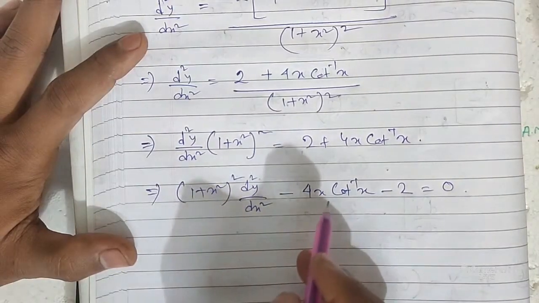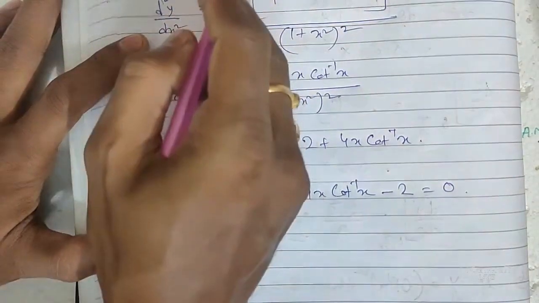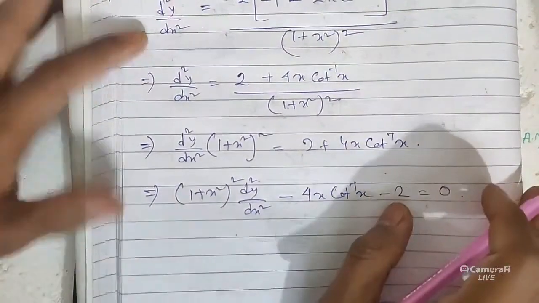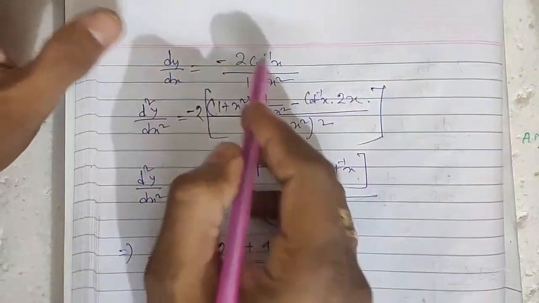Now check the value of dy by dx is this. This is the value of dy by dx, this one.